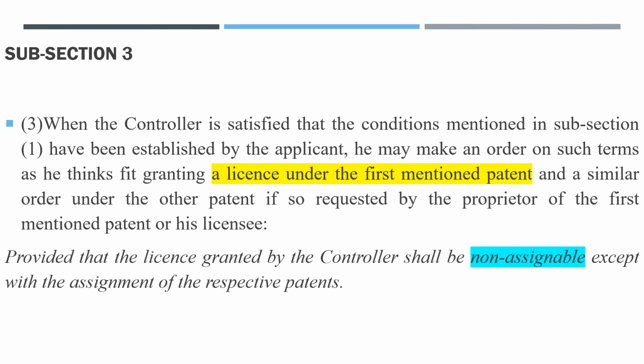The license shall be non-assignable except with the assignment of the respective patents. That's all, friends. This is the essence of this subsection. I hope it is pretty much clear now. Okay, so let us proceed to the next subsection.